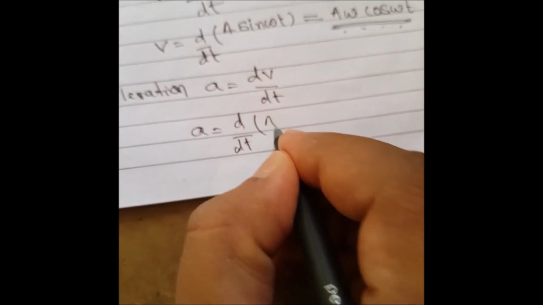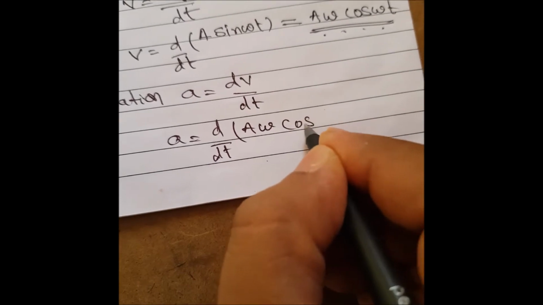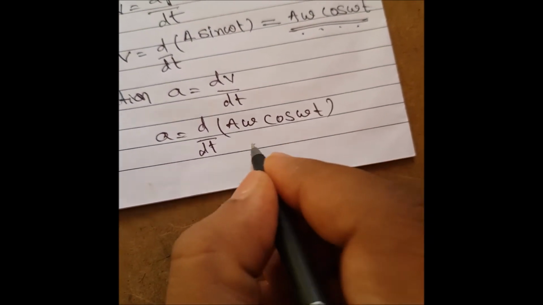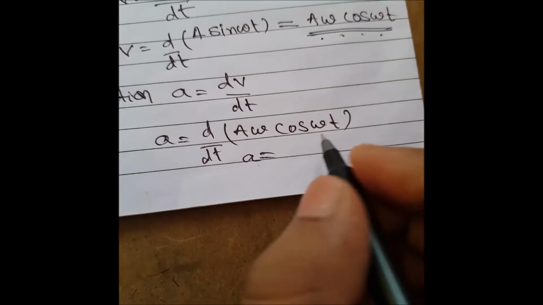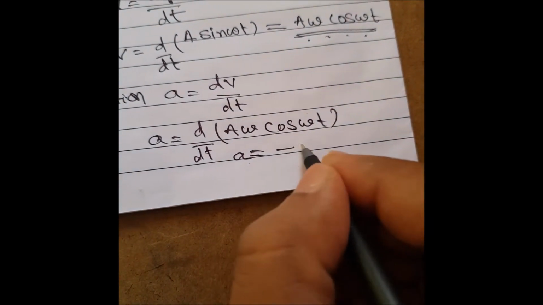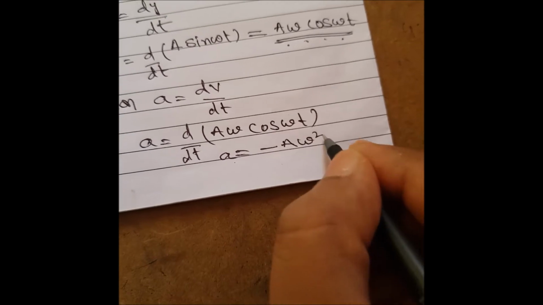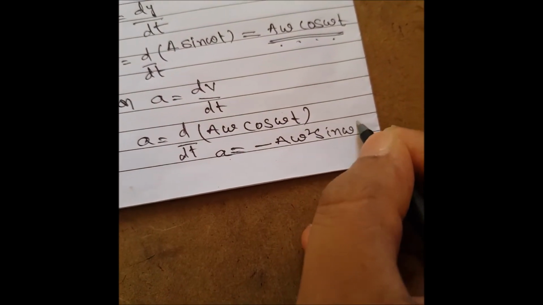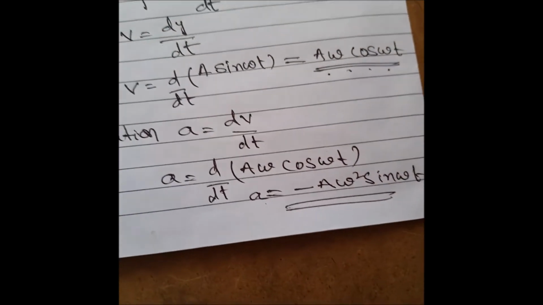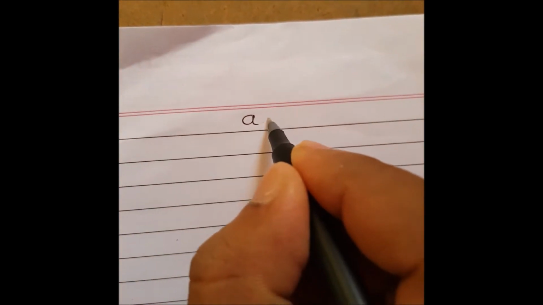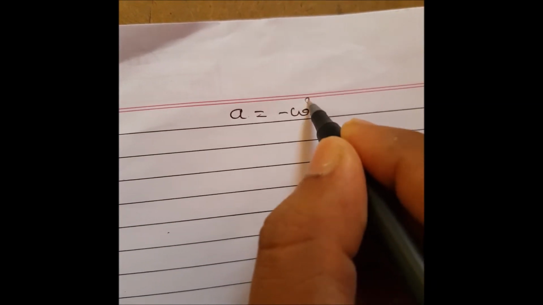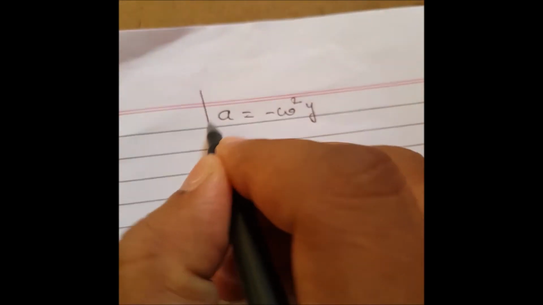Substituting here, A omega cos omega t, which gives acceleration a equal to minus A omega square sine omega t, and this equation is also written, in terms of displacement, as a equal to minus omega square y.